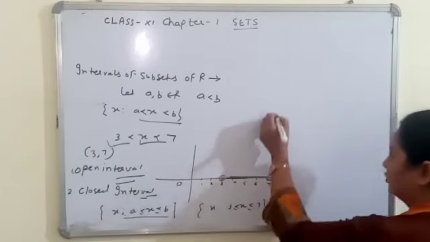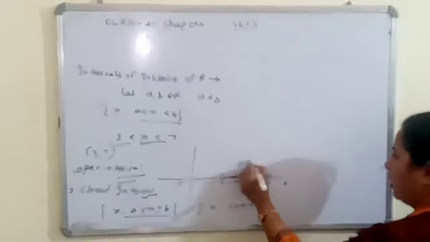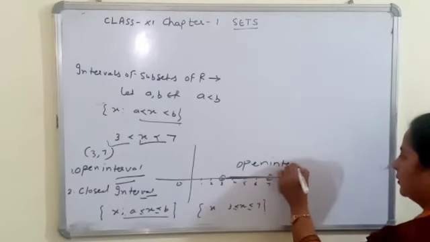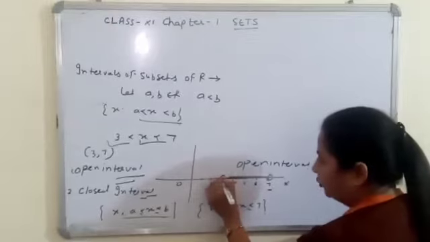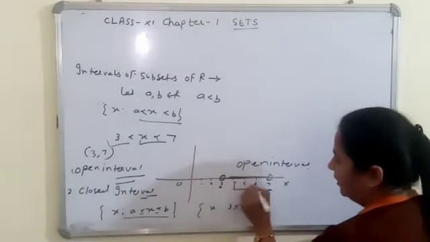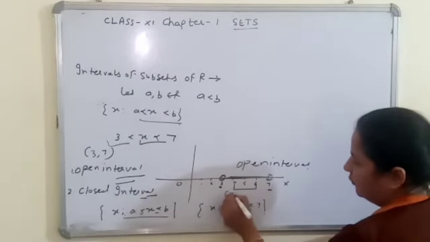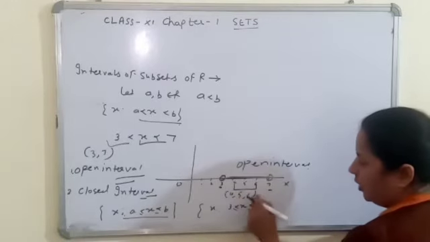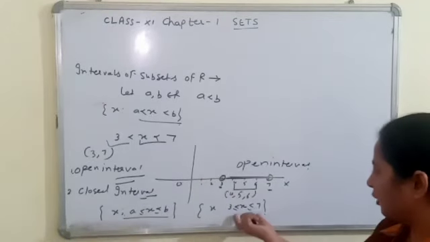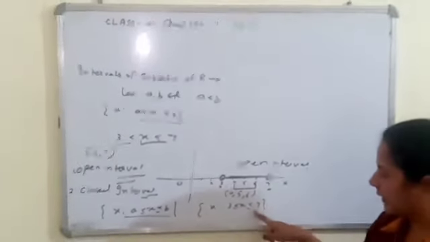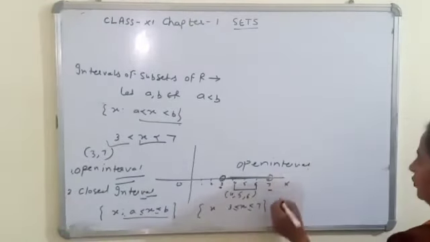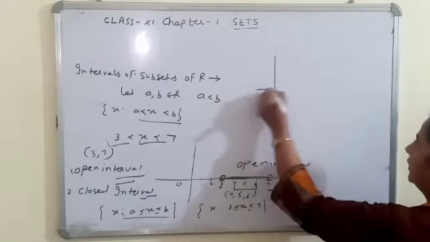So let's represent it on the number line. This one is for the open interval in which the endpoint values are not included. What is the interval here? 4, 5, 6. This is the open interval. Now we have to write the closed interval. The condition is that x is greater than or equal to 3 and less than or equal to 7. So draw the number line for it.